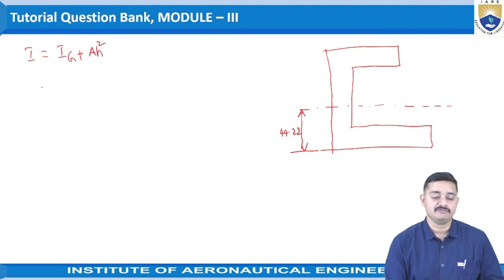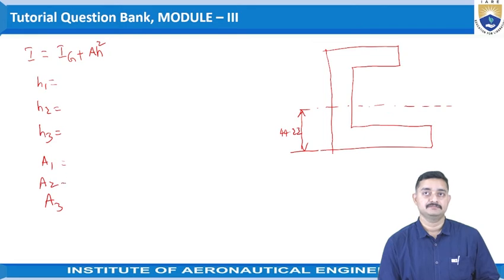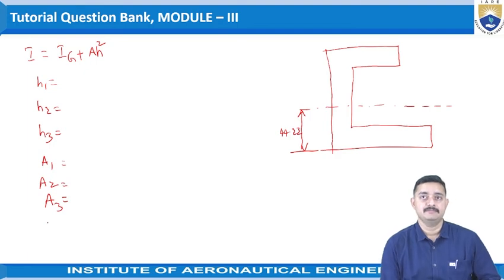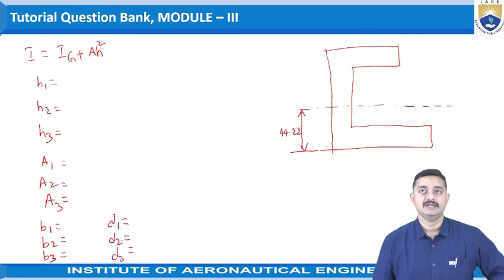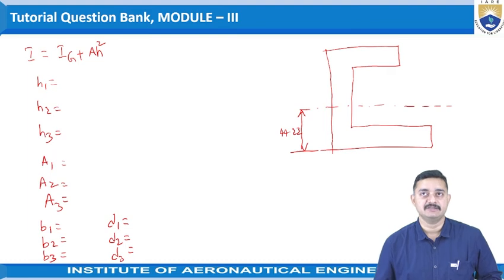We need the values of H1, H2, H3, A1, A2, A3, and the values of B1, B2, B3, and D1, D2, and D3. Now all these values can be identified from the figure, and then we will start the problem.